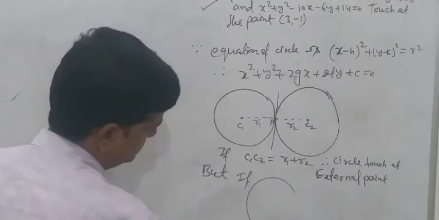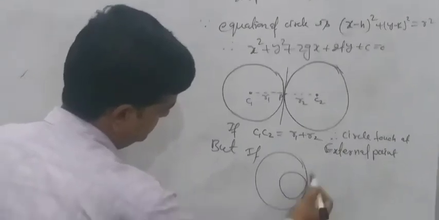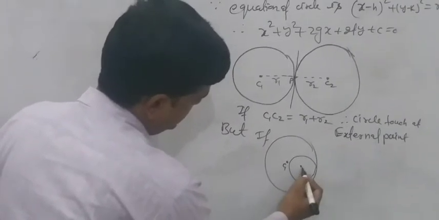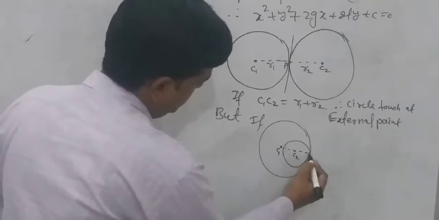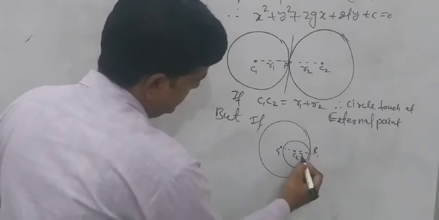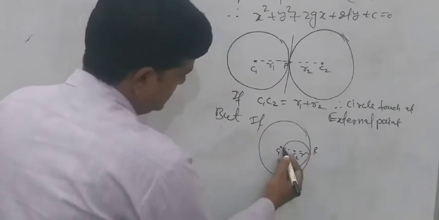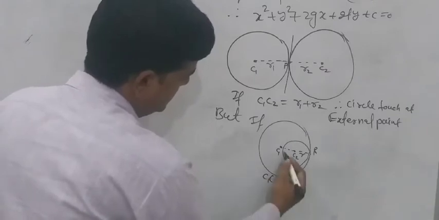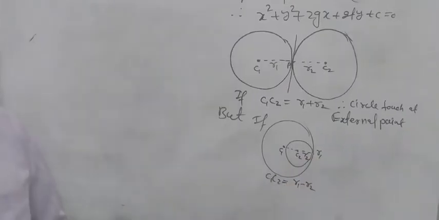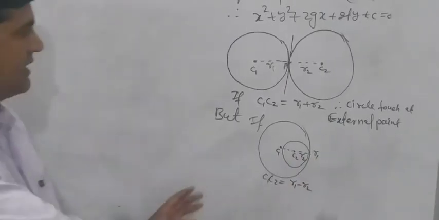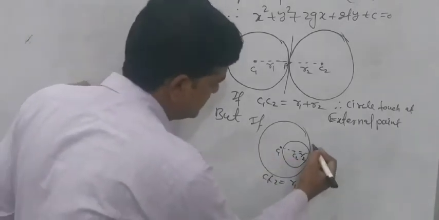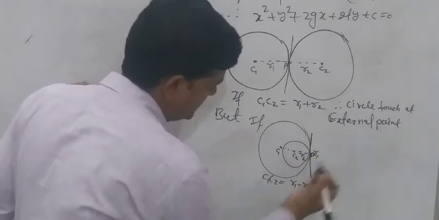But suppose here C1C2 and R1, and the capital R is bigger, small r is smaller. C1C2 is equal to what? C1C2 is equal to R minus r, the bigger minus the smaller. If the circles touch at an internal point, this is the point P here, clear?